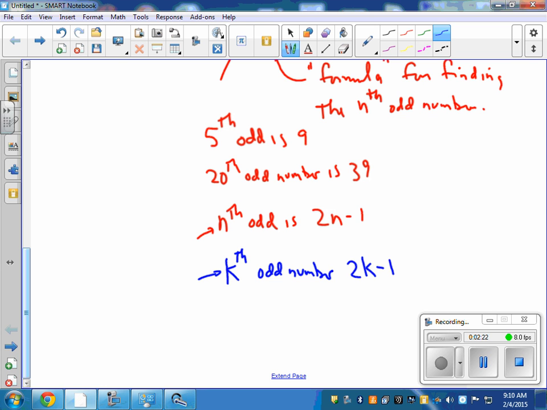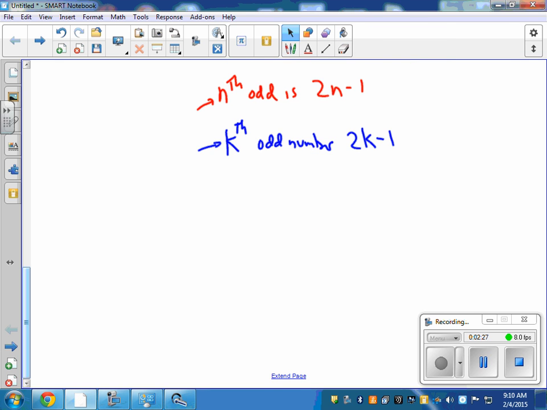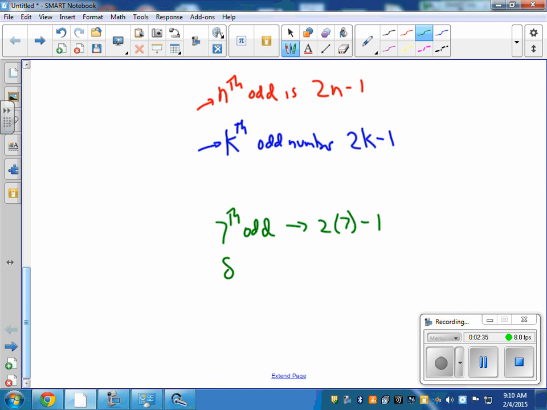So for the 7th odd, that's going to be 2 times 7 minus 1. The 8th odd is going to be 2 times 8 minus 1. The kth odd is 2 times k minus 1.